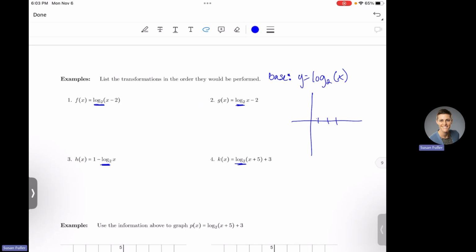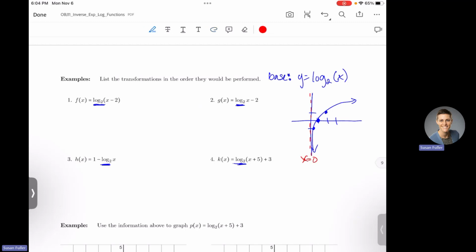So we had (1/2, -1), (1, 0), and (2, 1). Those were points on our graph. So this is what y equals log base 2 of x looks like. And we have a vertical asymptote here at x equals 0. Okay, so this is going to be the overall shape of my graph.